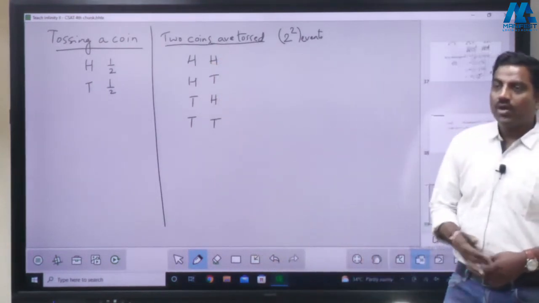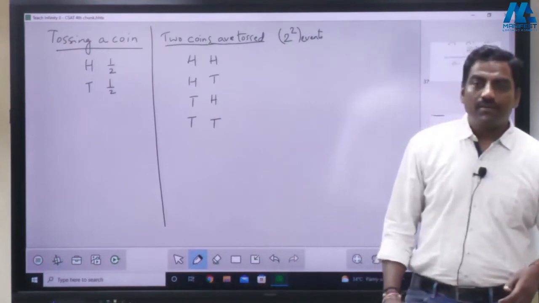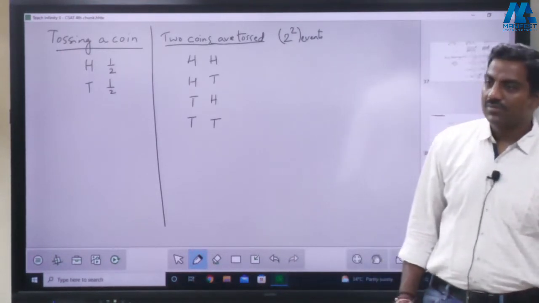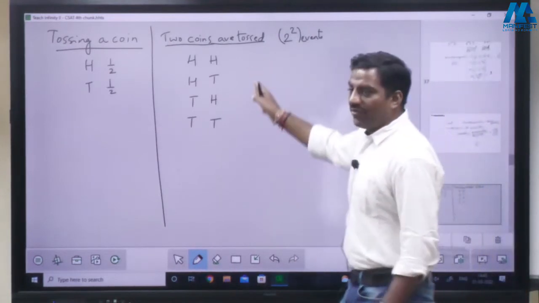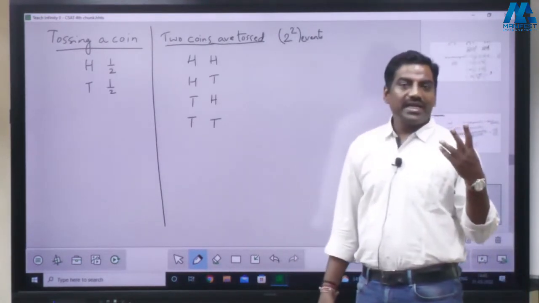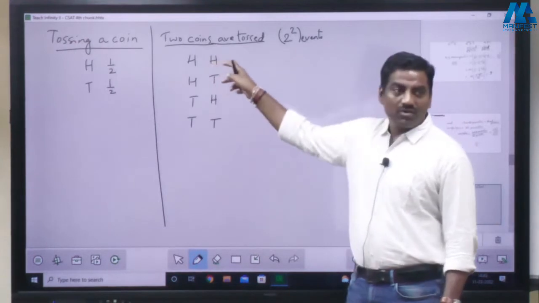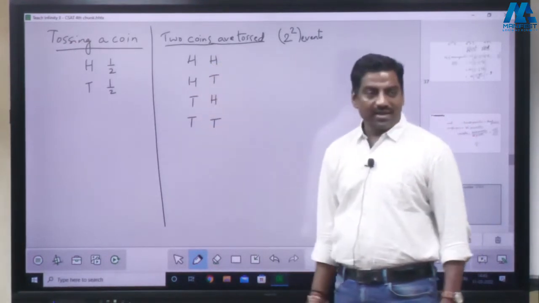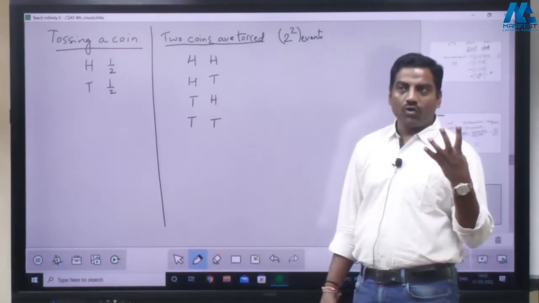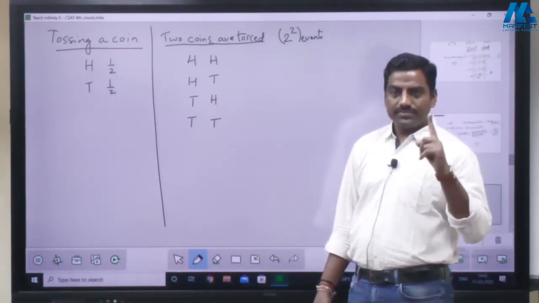Now tell me, what is the probability of getting both heads? So total number of events are 4. In that, getting both heads is one event, no? This is one event. This is another. This is another. This is another. So possible events are 4. Getting both the heads is 1.